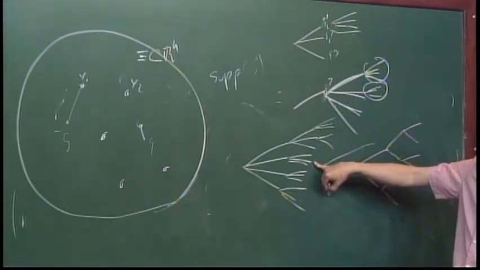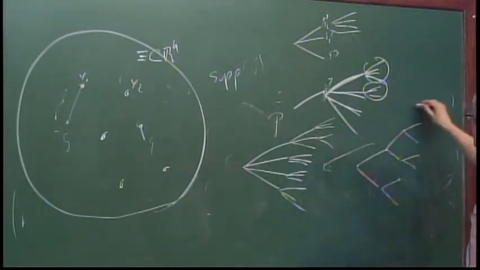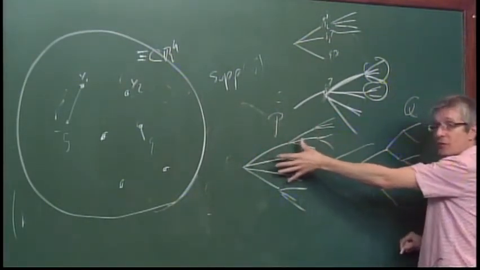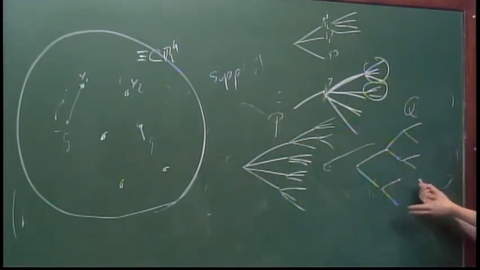That's essentially the goal. So this will be our P, and this will be our Q. How can I find this Q that still represents my P, though it's a much smaller tree? That's essentially the idea.